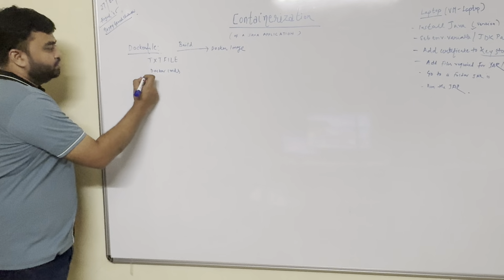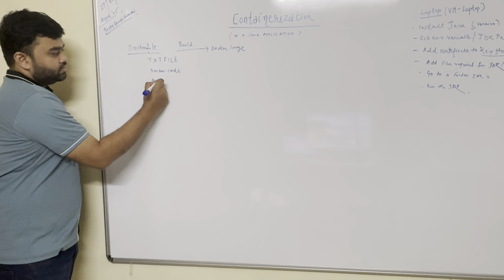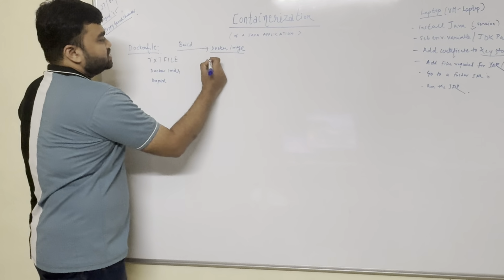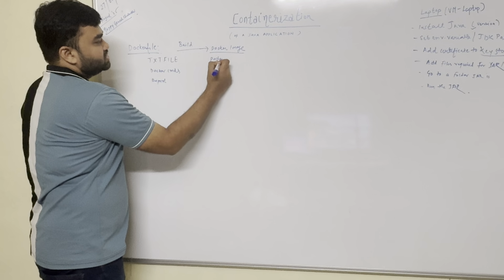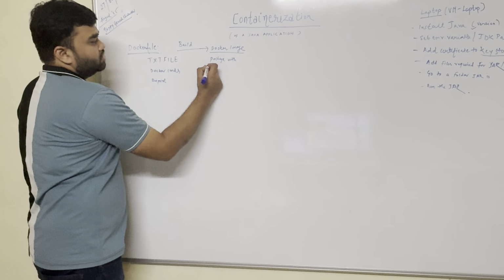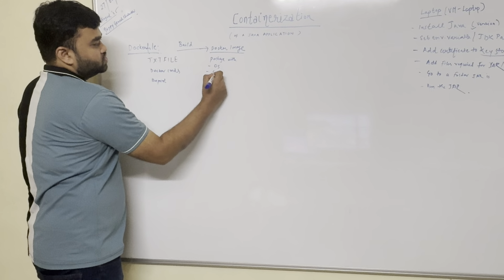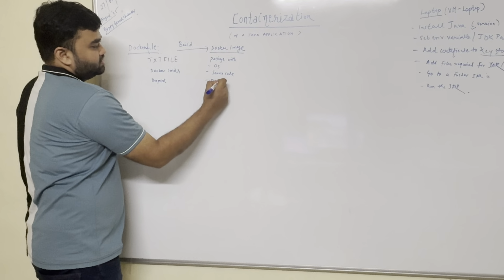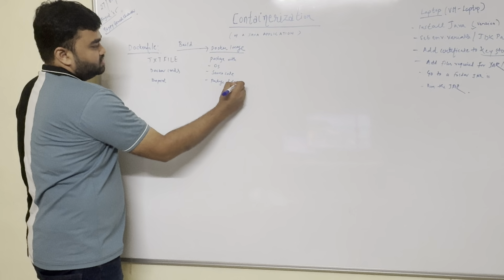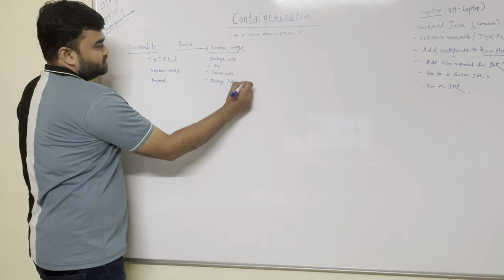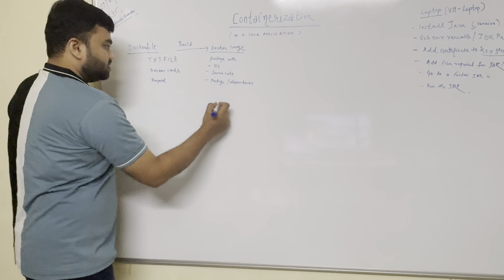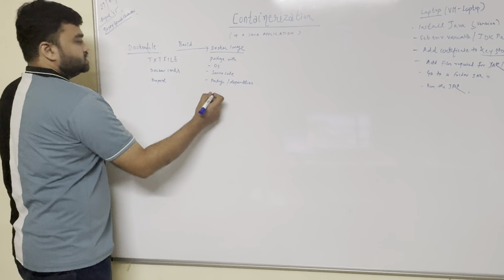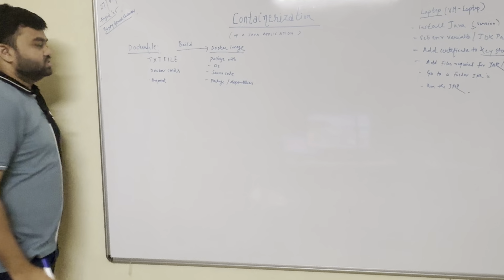So it's like a blueprint to create the Docker image. And then a Docker image is an encapsulated package with my OS, my source code, packages, and dependencies to run the application.